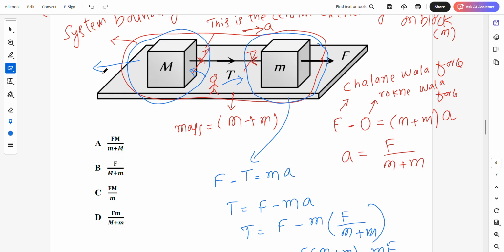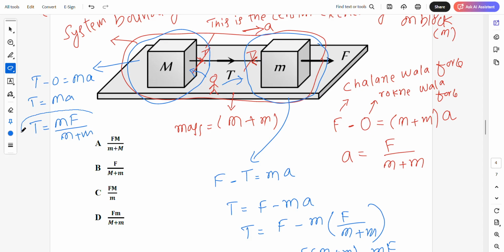Since this is the first problem, I am teaching you in every step. Chalane wala is T, rokne wala is nothing, because T is in the direction of A. Chalane wala minus rokne wala is equal to mass into acceleration. Directly you can write T is equal to M into A. A is how much? Just now we calculated. F divided by M plus M.